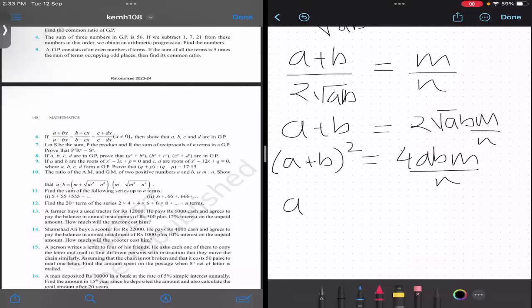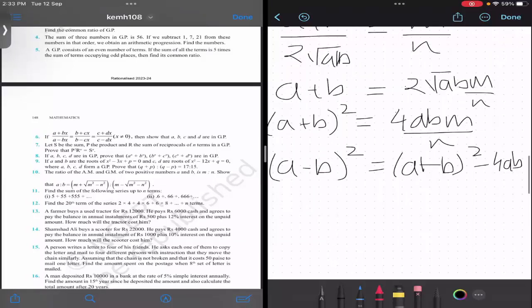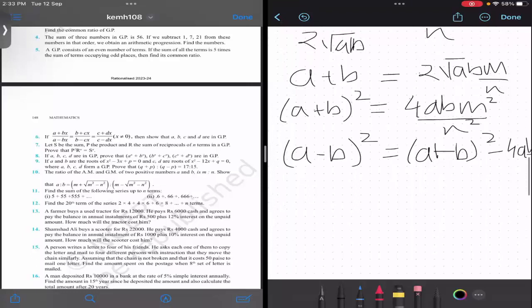We also know that A minus B whole square is equal to A plus B whole square minus 4AB. Correct? Sorry, when you square it up, it gets cancelled. So A minus B whole square would be 4AB M square upon N square minus 4AB.